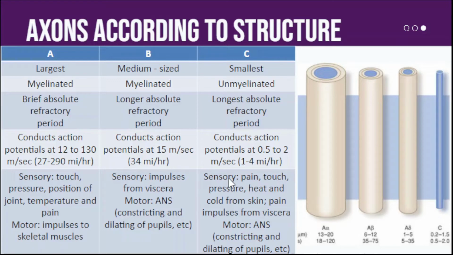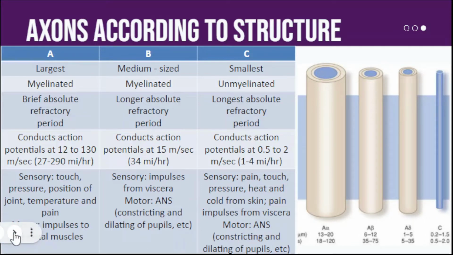And their difference from type A is that they carry more of pain. Rather than sensation, it's really pain na dala-dala nila. Moreover, they can also be found in our viscera, no? Similar to your type B. And in terms of motor, they can be found in our autonomic nervous system, similar to your type B.